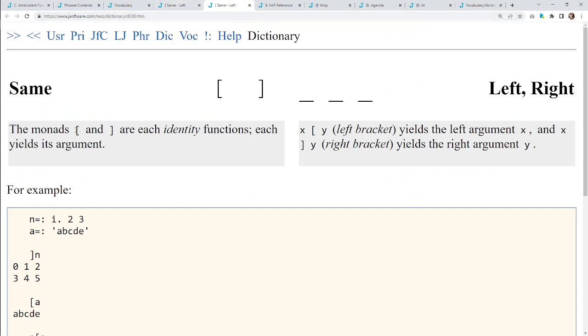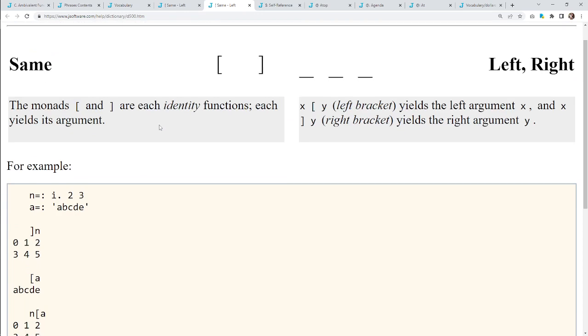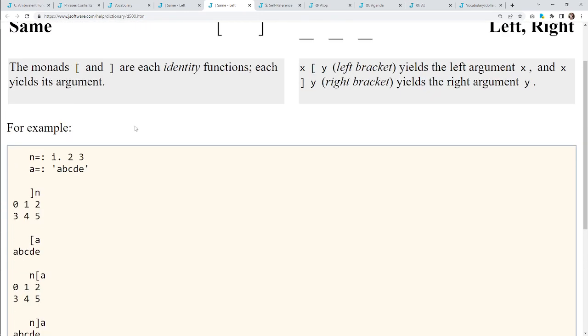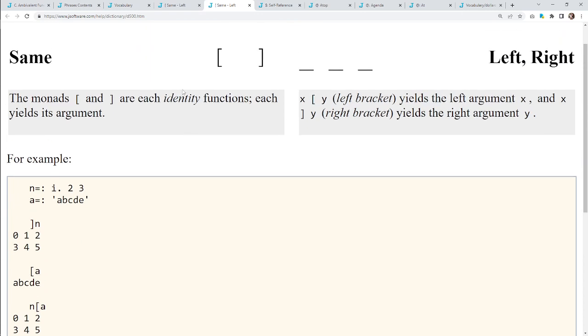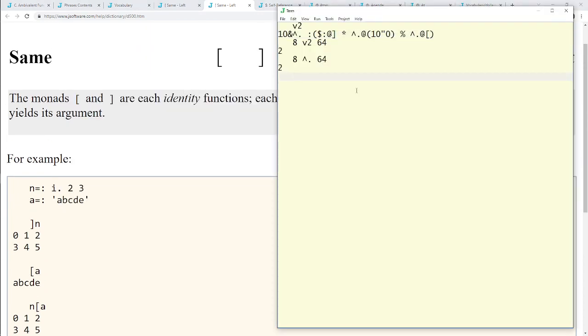The monads, they just yield their argument. And there's no difference between these in the monadic case, right? So if I say A is the integers, with a shape of 5.